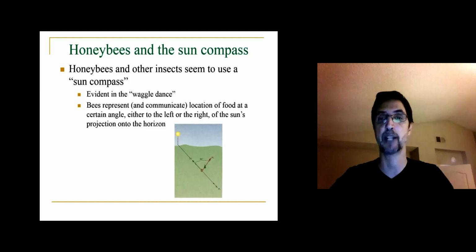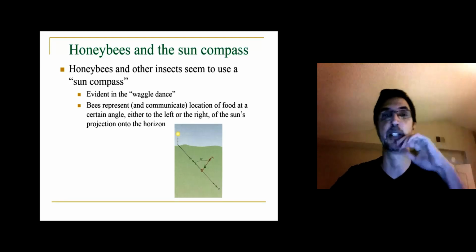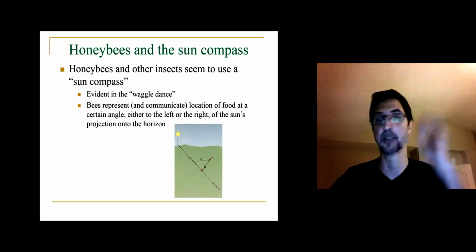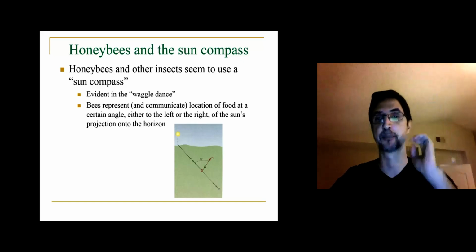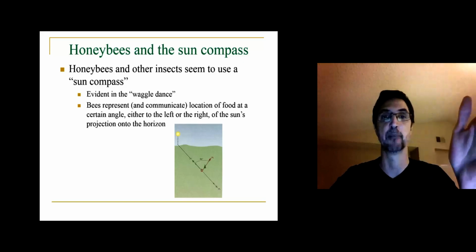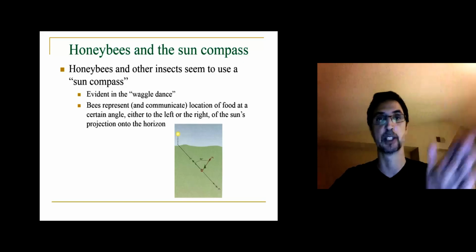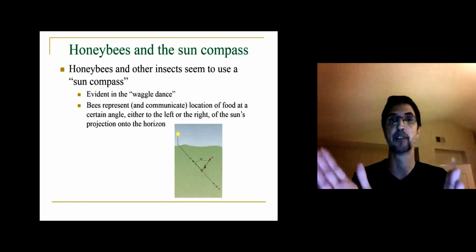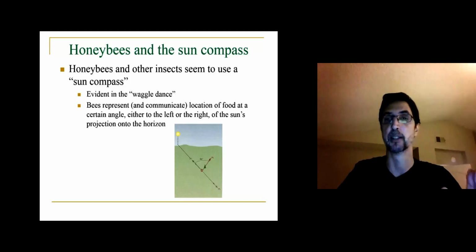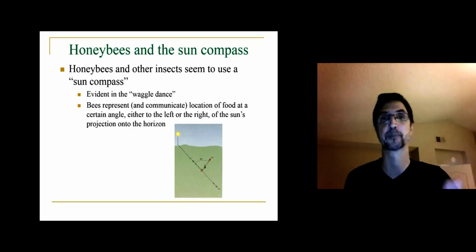That sounds very abstract, but we can make it concrete by looking at the figure in the slide. So the sun projects onto the horizon. You can draw a line from the sun to the horizon, and you can make a line from the hive to that point where the sun projects onto the horizon, and another line from the hive to the location of the food.